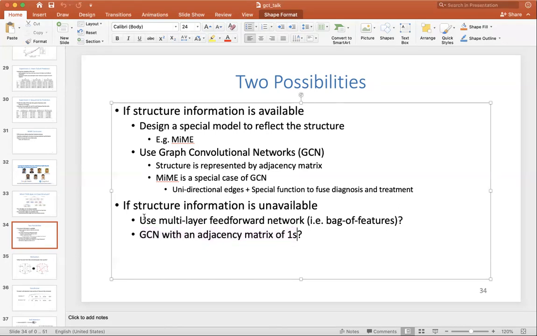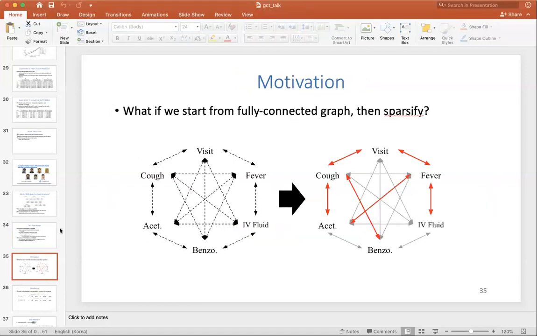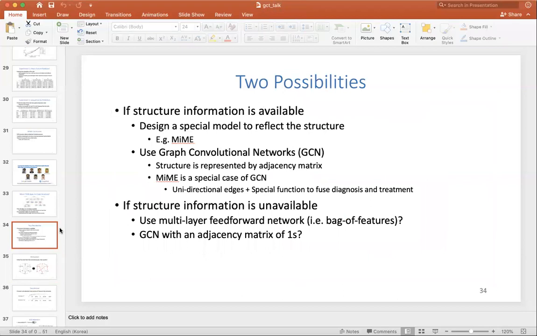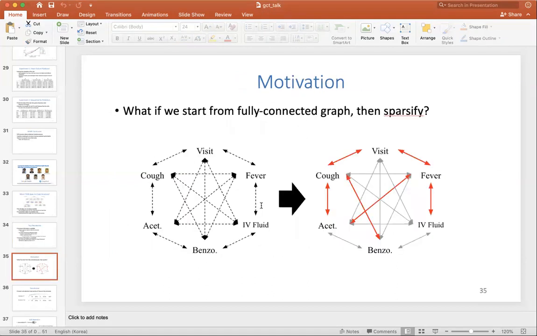So if you don't know the true structure, the red arrows or red edges, then instead of just adding everything together, which was option 2, you can simply add everything together using the bag of codes approach. But can we do better than that? And the answer is probably yes.